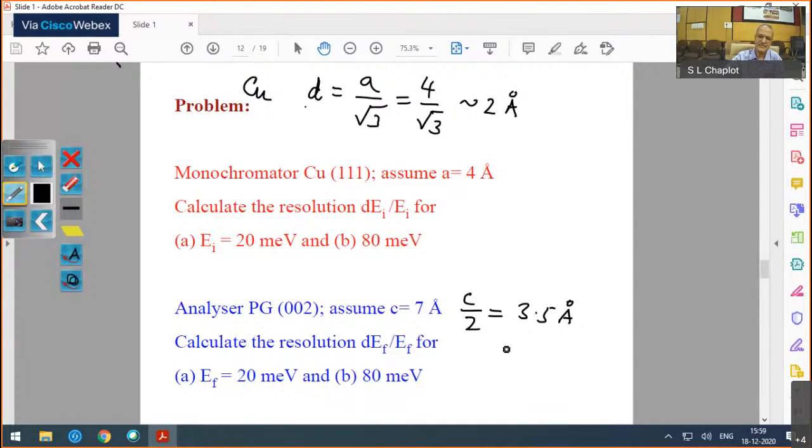Now, if your d spacing is larger, then correspondingly sin theta, which is lambda upon 2d, is smaller. It tends to be not half but substantially smaller than copper.